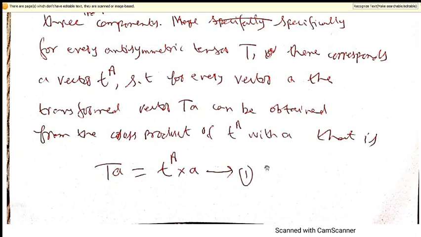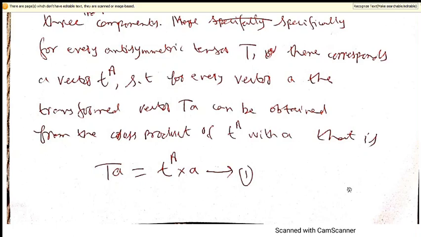It must hold for every vector A. If you are saying that TA is the dual vector of tensor T, then this equation must hold for every vector A. We will do this in an example: you are given a tensor T and a vector A. You apply T on A and you have a result, say B. Now you are saying that we have a vector TA of this anti-symmetric tensor, and we want to check whether it is the dual vector for this anti-symmetric tensor or not.